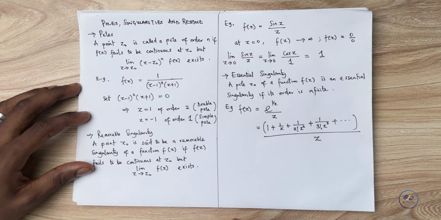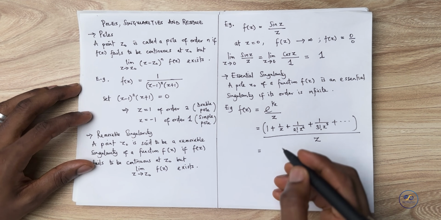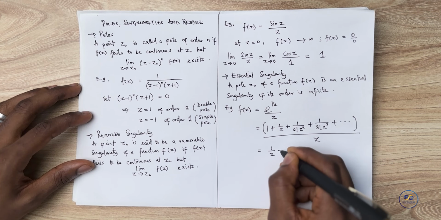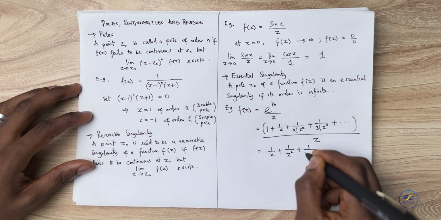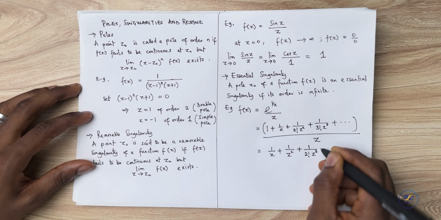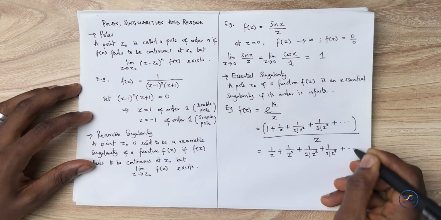We immediately see that we can rewrite this as 1 over z plus 1 over z squared plus 1 over 2 factorial z cubed plus 1 over 3 factorial z raised to the power of 4, and it continues.